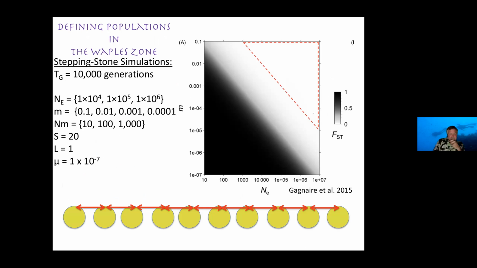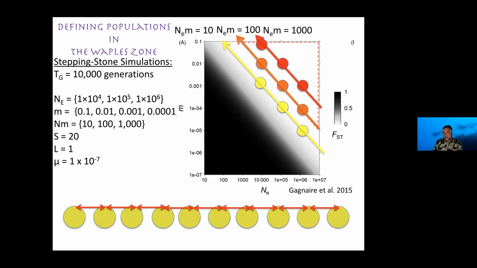So what I did was I simulated into the Whipple zone. I created a set of simulations of large effective population sizes of 10,000, 100,000, and 1 million, and fairly large levels of gene flow, leading to effective gene flows of 10, 100, and 1,000 migrants per generation.